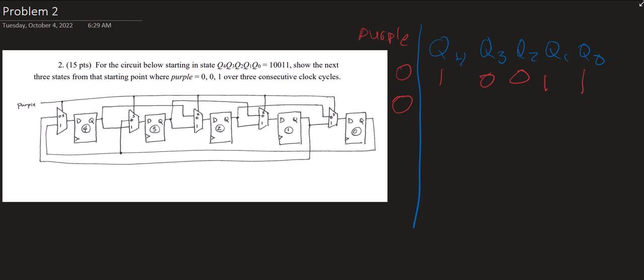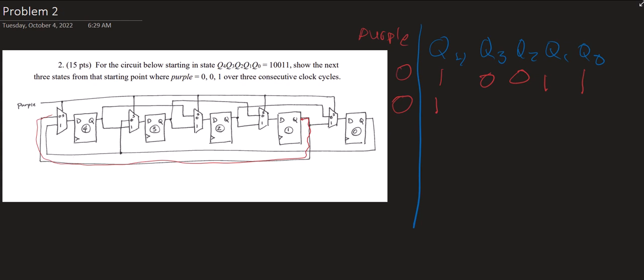So purple is 0, so that means that we're going to take what's going into the 0 part of the flip-flop. And for Q4, as I'm tracing it right there, is Q1. And so I want to look and see what was Q1 on the clock cycle before, and it was 1.